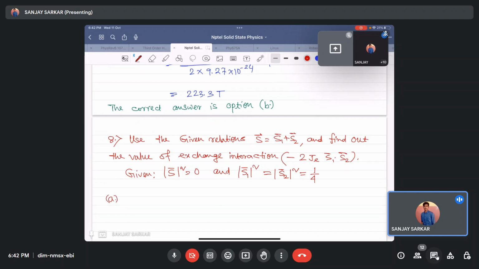Then the options are: A equal to JE, B is equal to JE by 2, option C is 2 JE, and option D is 3 by 2 JE. So calculate this.